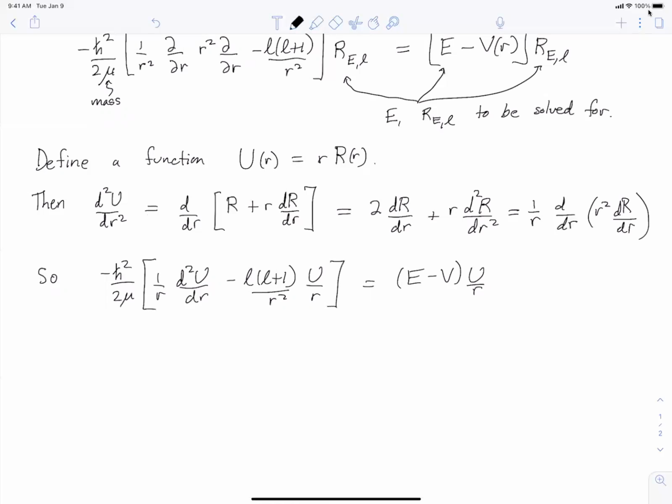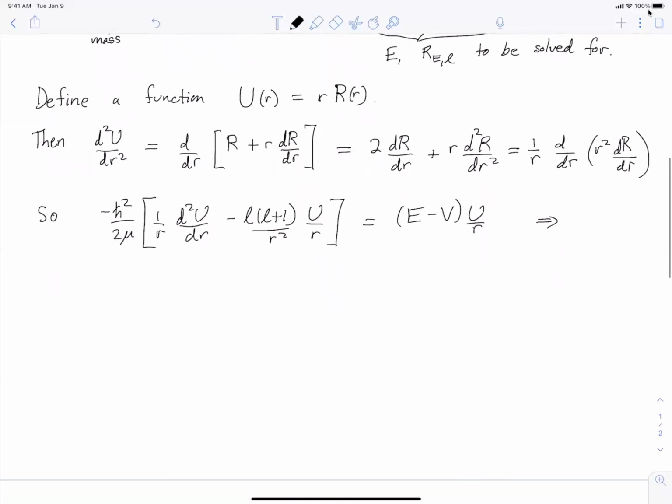Okay, by multiplying through by r and moving the V over to the other side of the equation, we get minus h bar squared over 2 mu times the second derivative of u, plus, and I'm going to group together two terms, a term from the potential and a term from the L's.